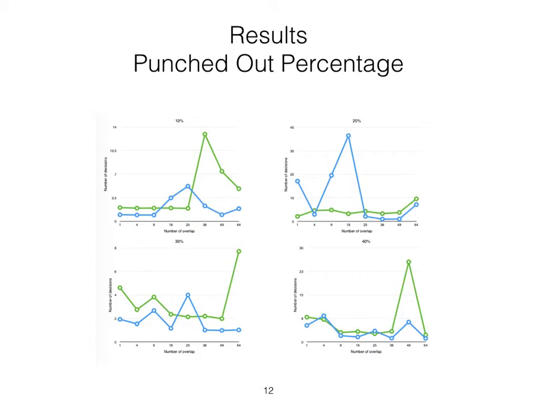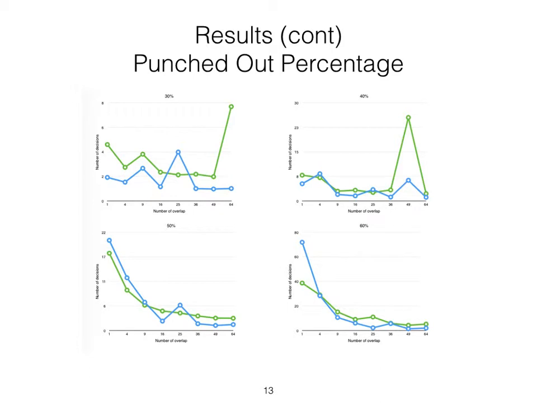We can see that if the number of overlap is high, the blue line is always lower than the green line for every punched out percentage from 10% till 40%. If we go to the next 4 punched out percentages, we see the same.